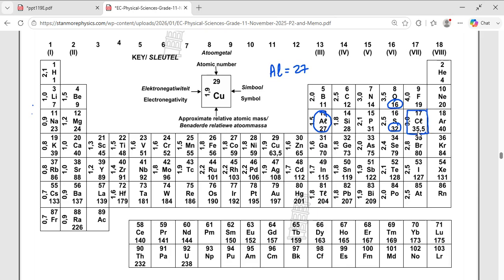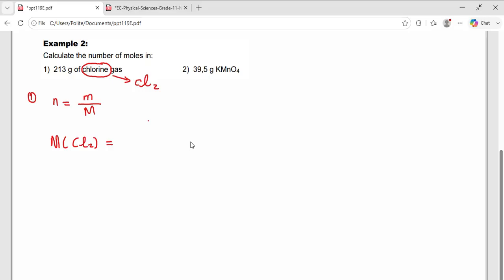You take the number below, which is 35.5, then multiply it by the subscript. So this will be 2 times 35.5, which is 35 times 2, that's 70. 0.5 times 2, that's 1, which gives us 71 grams per mole. So this is your M, the molar mass.